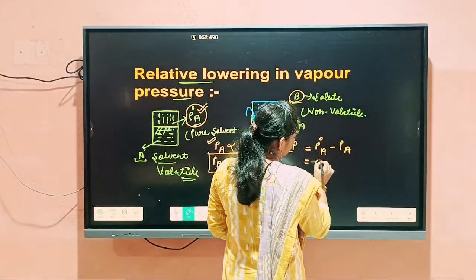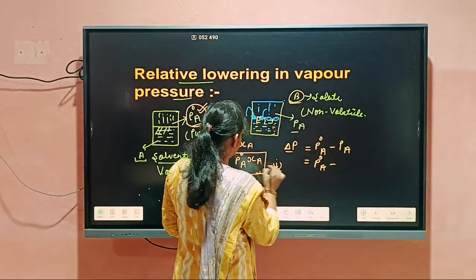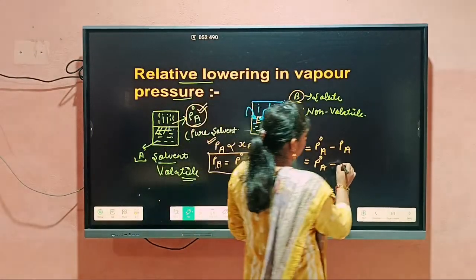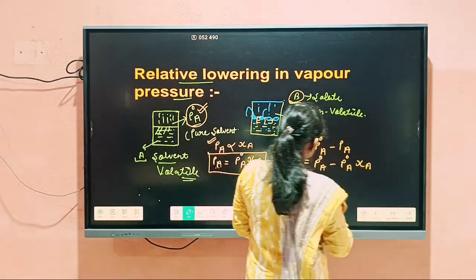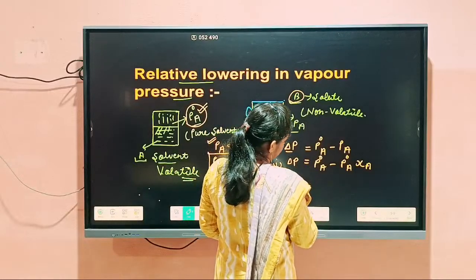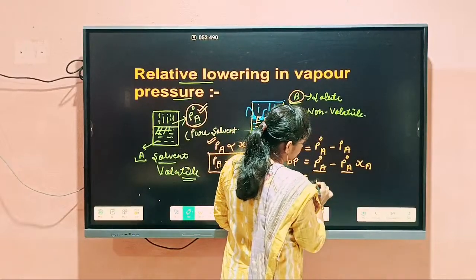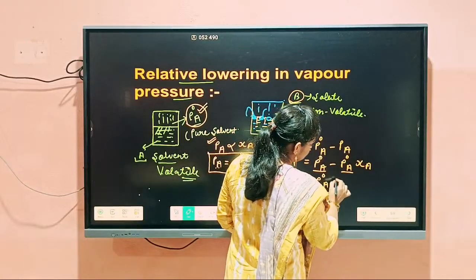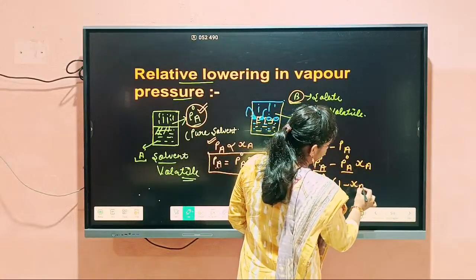So now put the value of PA from equation 1. Here the value of PA is P0 A XA. Now P0 A is common here, so take it common. Here 1 minus XA.